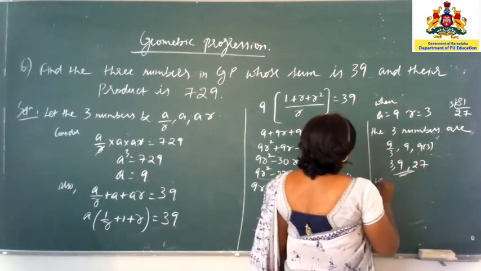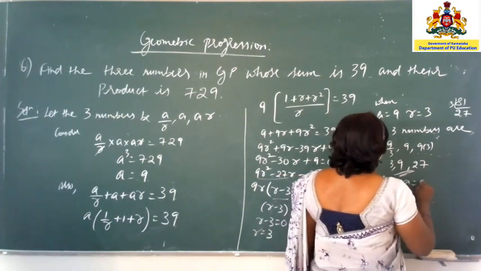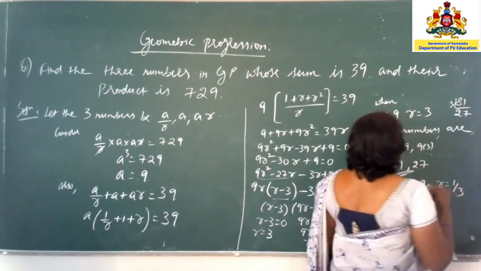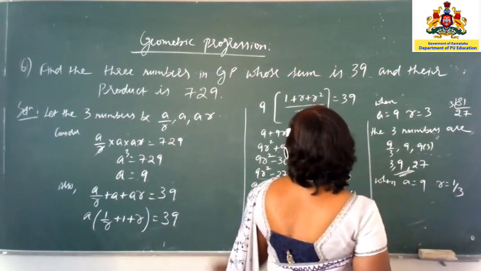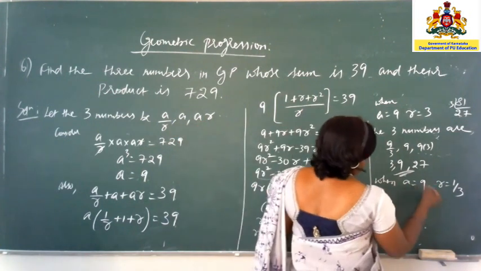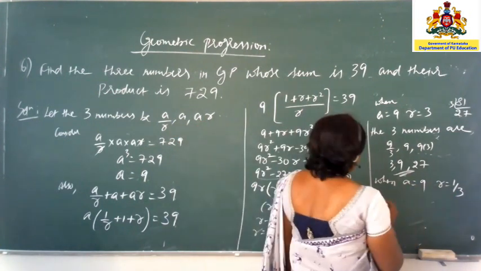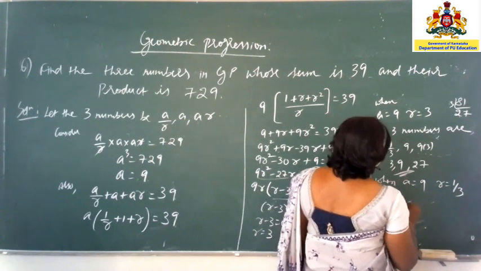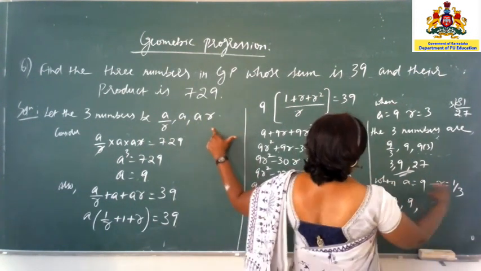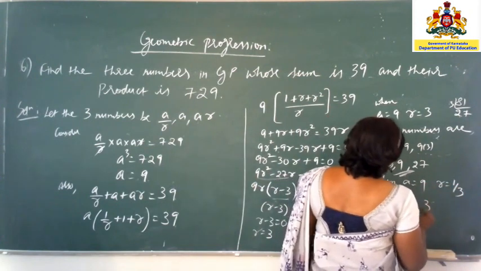So when A is equal to 9, R is equal to 1 by 3, in that case A by R is 9 by 1 by 3, so 9 into 3, 27. Then 9. Then AR, 9 into 1 by 3, that will be 3.